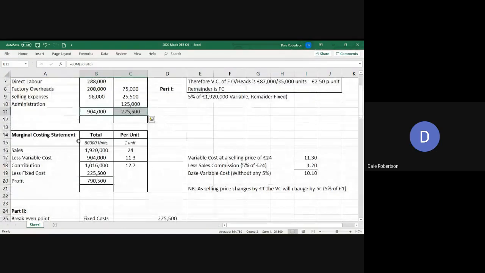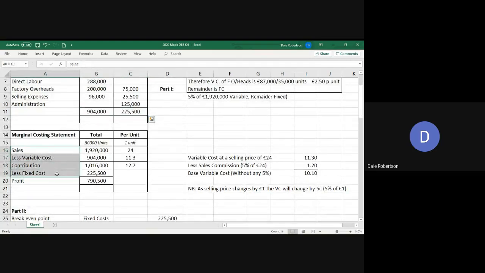We have to do our marginal costing statement, which is sales, take away variable cost gives you contribution, take away fixed cost gives you the profit. These are the numbers for the total now, given the question. 1,920,000, here's our 904, which you take away to get your contribution. Here's your 225,500, which you take away to get the profit.